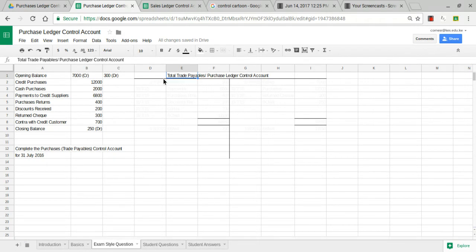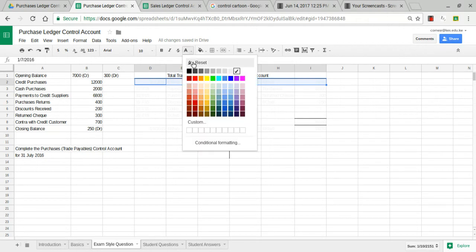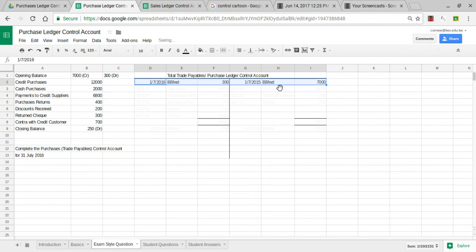So we put the opening balances in exactly the same way that we did for the sales ledger. What's different is the main opening balances are on the credit side because the business owes money to their suppliers. Put the credit purchases in, they're quite straightforward.